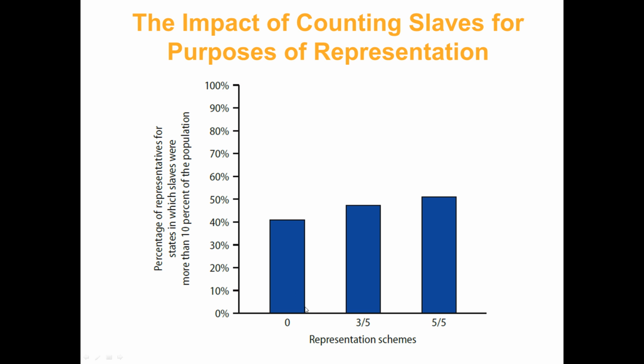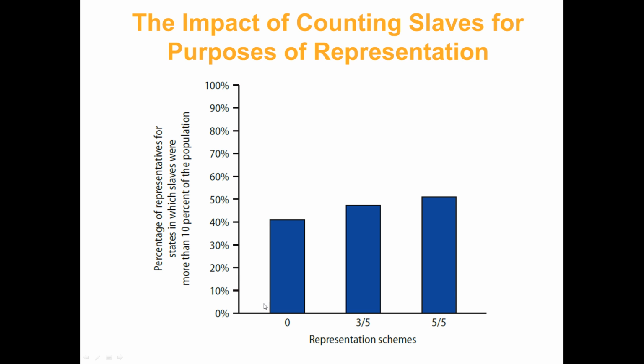If they're not counted at all, which is what the North wanted, the slaveholding states would have only controlled maybe about 40% of the seats in the House of Representatives. If they were counted fully, which is what the South wanted, the slaveholding states would have held a slight majority in the House. So there's a big difference between this and this.